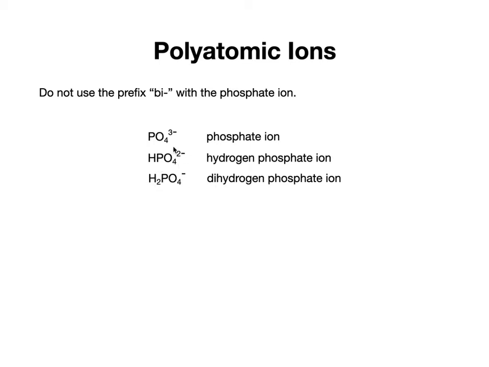We don't call this the biphosphate ion, because then what would we call this? The dibiphosphate ion. It just sounds a little odd. So we typically don't use bi when we're talking about the phosphate ion.